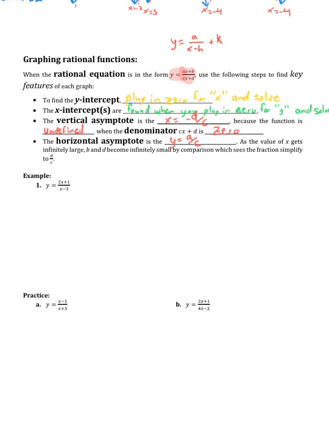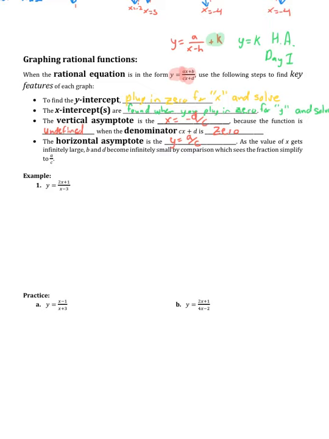You might remember yesterday, day 1, it was just k. y equals k. That was the horizontal asymptote day 1. But today there's not going to be a plus k at the end of the equation. We're just looking at if there's the same degree of the polynomial in the numerator and denominator. So we have to divide a and c.